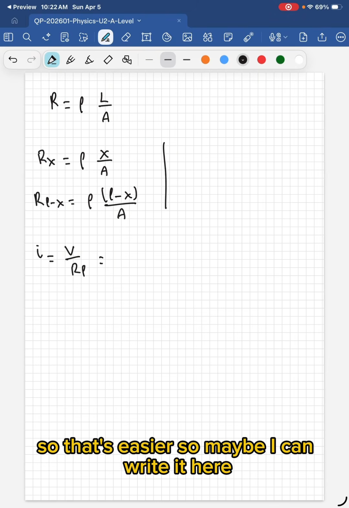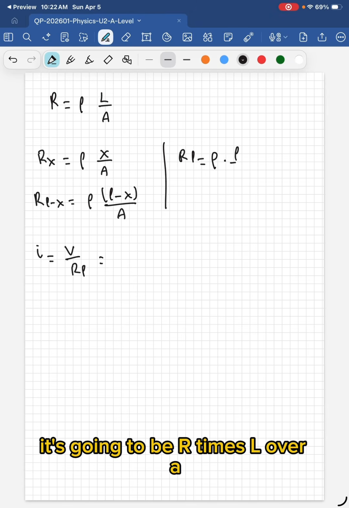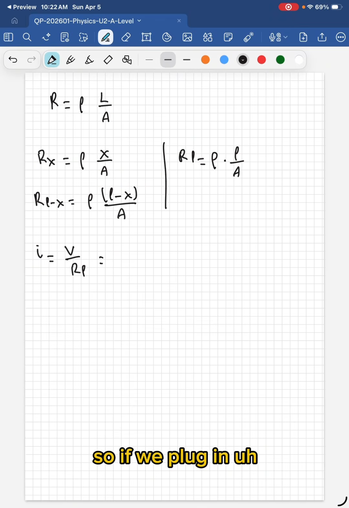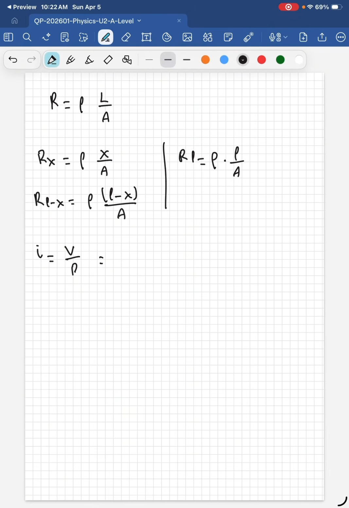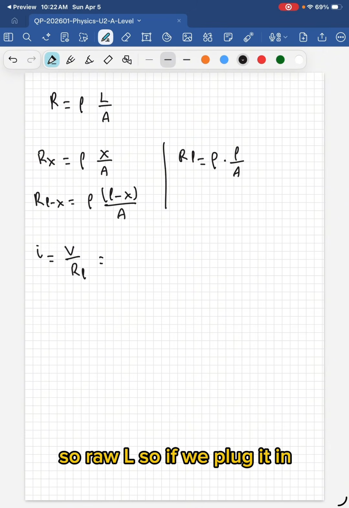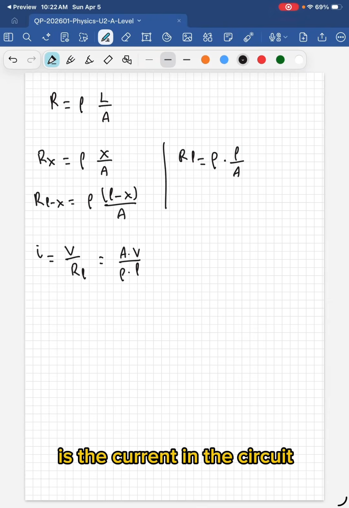The resistance of the whole piece of wire, R_L, is going to be rho times L over A. If we plug in this result, we find A times V over rho times L is the current in the circuit.